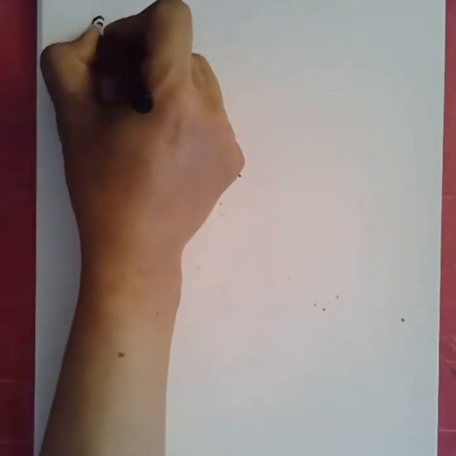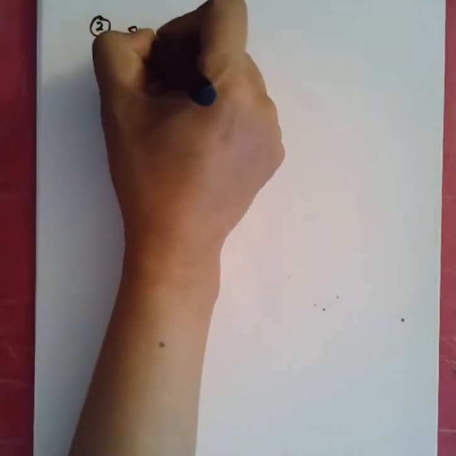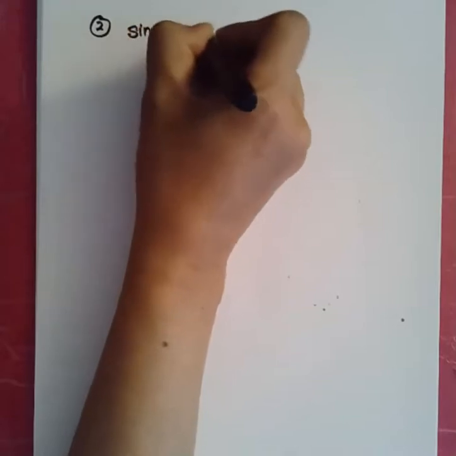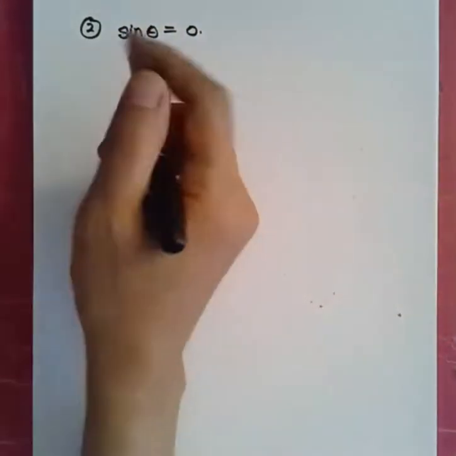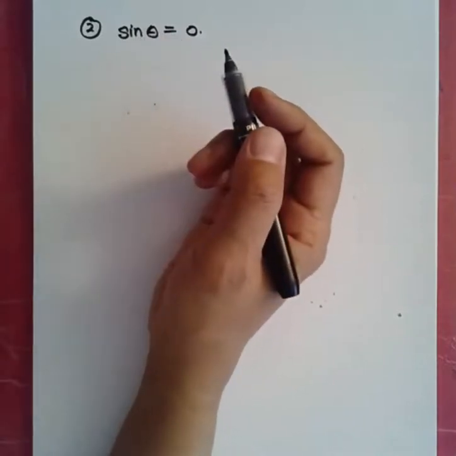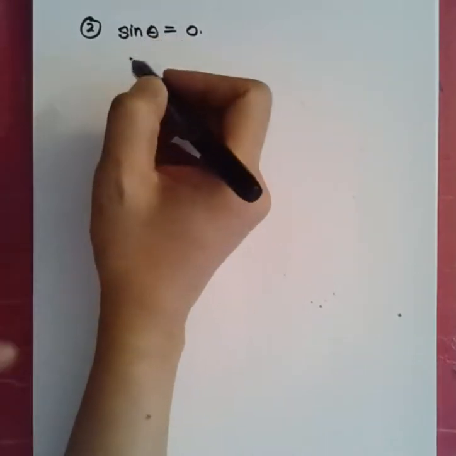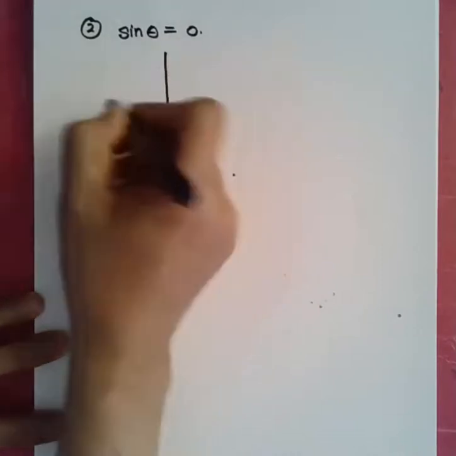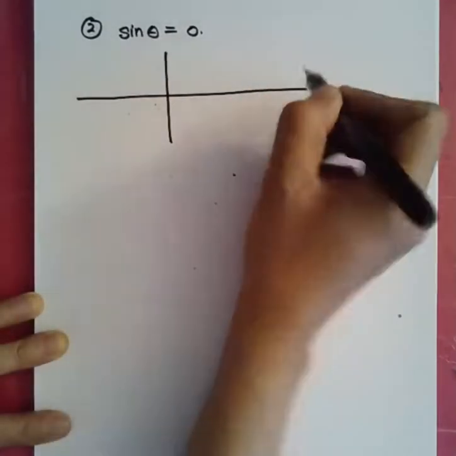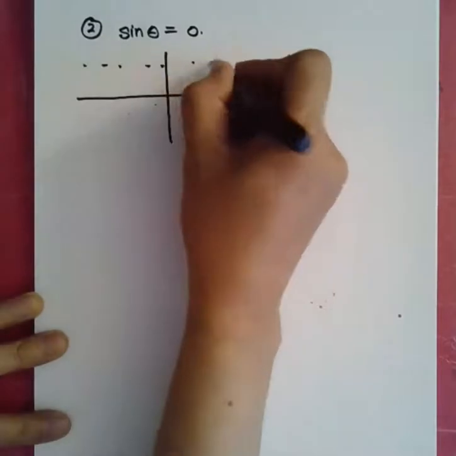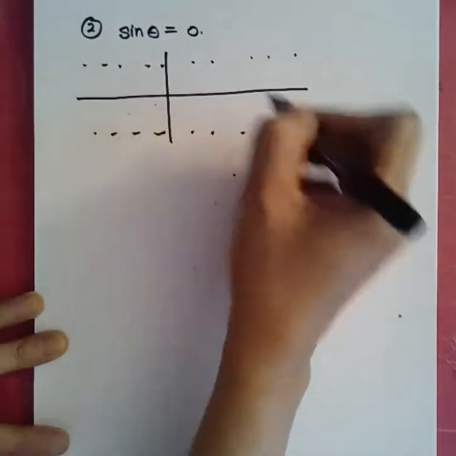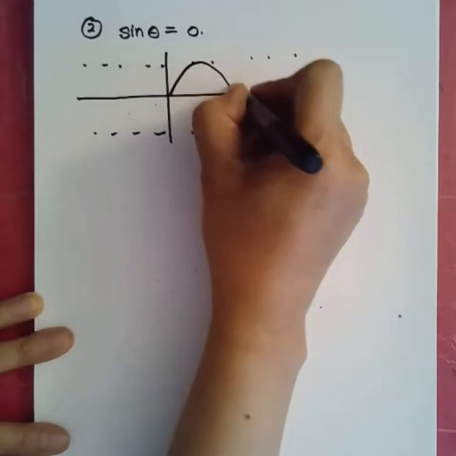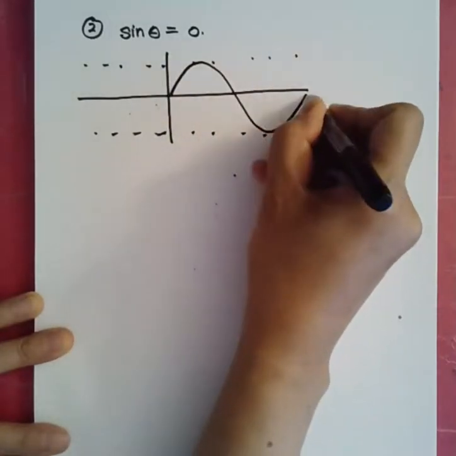And the second one is about sine of theta equals 0. There is no such associated triangle in this case, so we have to think about the graph of sine.